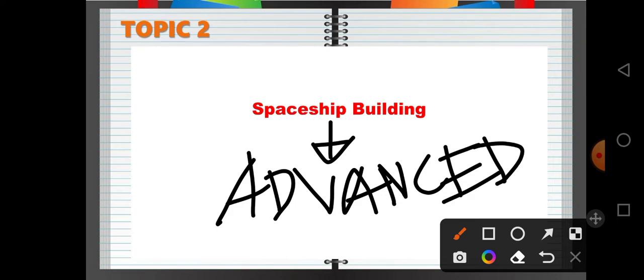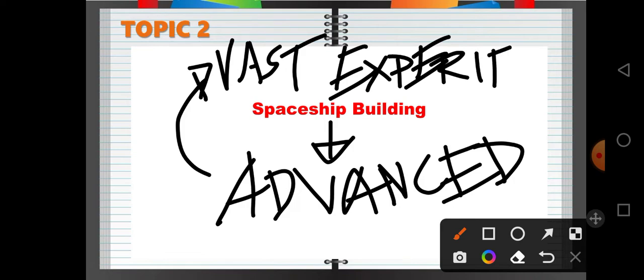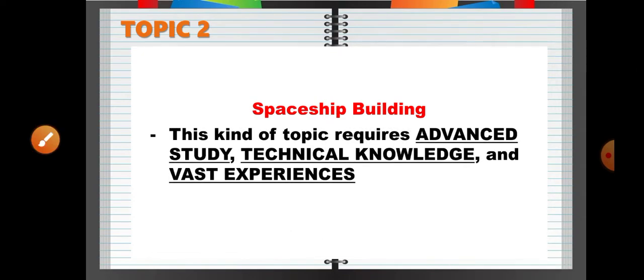And if it requires advanced study, it will also require vast experiences. Meaning to say, class, it is not within your level of capability. So this kind of topic requires advanced study and vast experiences.